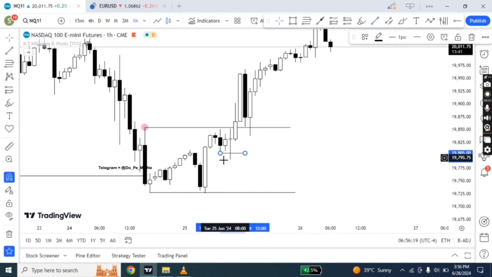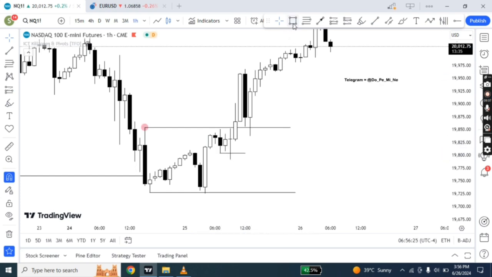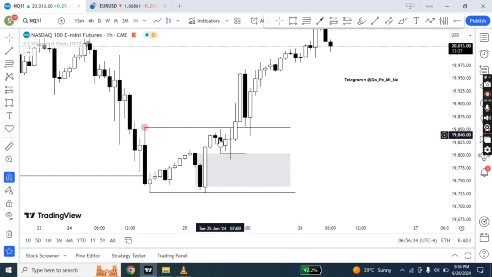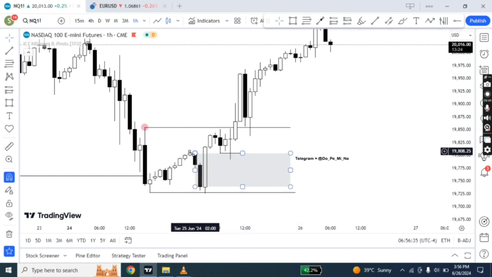Now for that, I started looking for a CRT, and then I found this candle right here, and I chose this particular candle as my CRT. The reason why I chose it is because of two predominant factors. The first one being that this particular candle dug into this order block right here, dug into this key level.